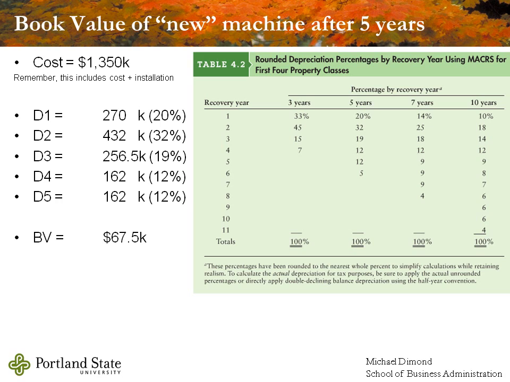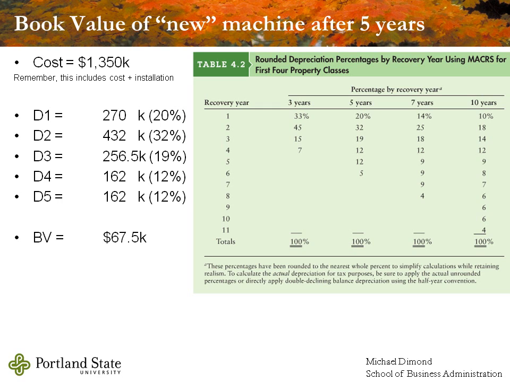It's going to be 20% of the $1.35 million. 20% of $1.35 million is $270,000. So the first year depreciation is $270,000. The second year depreciation is going to be 32% of the same amount that we used before. So it's going to be 32% of the $1.35 million. 32% works out to be $432,000.